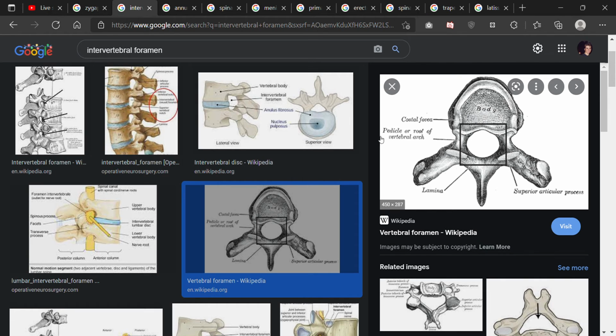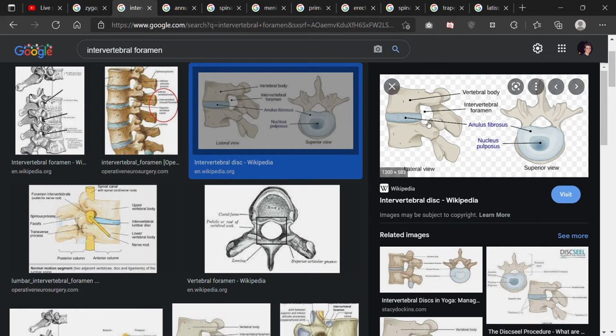But there's also the intervertebral foramen, which runs perpendicular to the vertebral foramen, and it's at each FSU, or functional spinal unit, where you have the vertebrae, disc, and the vertebrae.